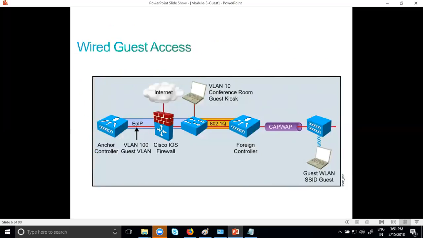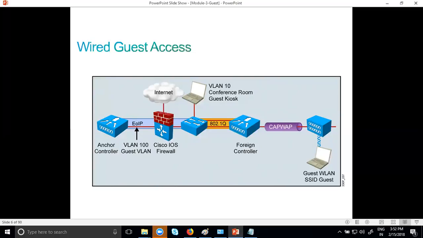Now, wired guest access and wireless guest access. Guest access is common to any wired or wireless technology, but most of the time the challenge comes from wireless, because in wireless we have no idea what people are trying to access and what kind of attacks can be created by any user roaming somewhere in the campus.